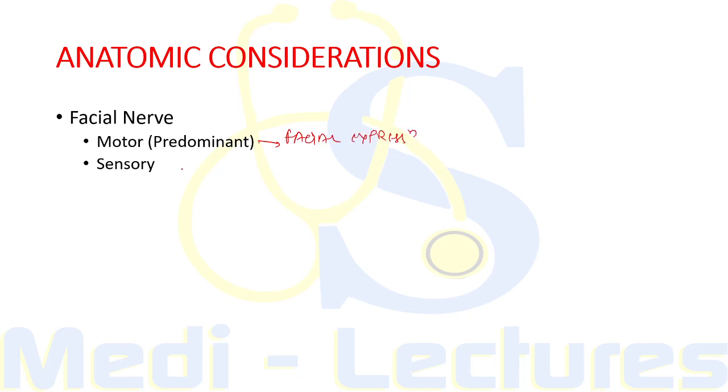Now the sensory component is through nervus intermedius, which brings the sensations from the anterior two-thirds of the tongue. These are the taste sensations. So this nervus intermedius will bring taste sensation from the anterior two-thirds of the tongue as well as cutaneous impulses from the anterior wall of the external auditory canal.